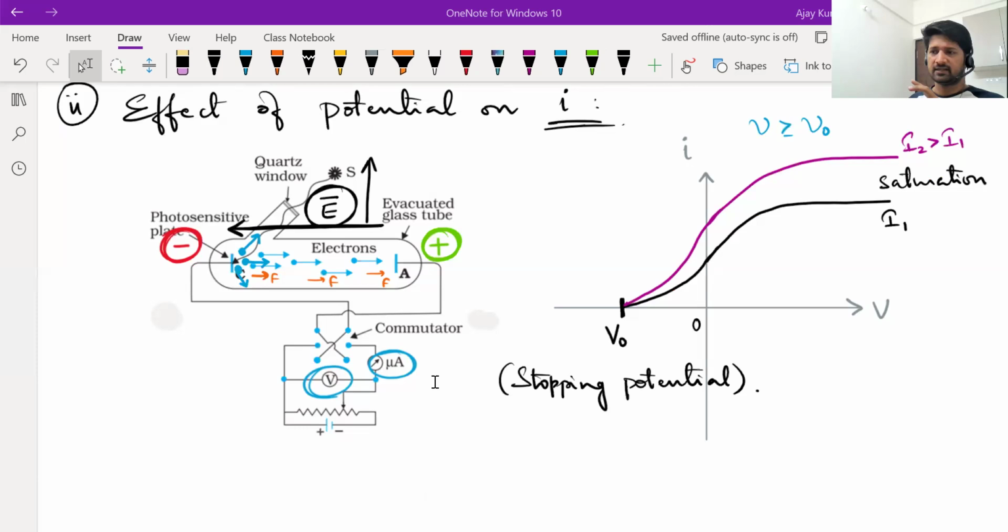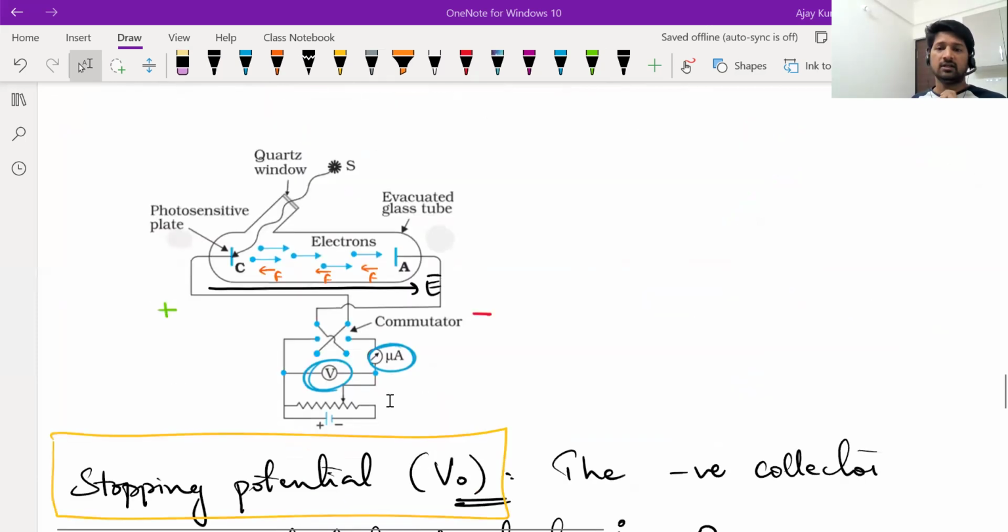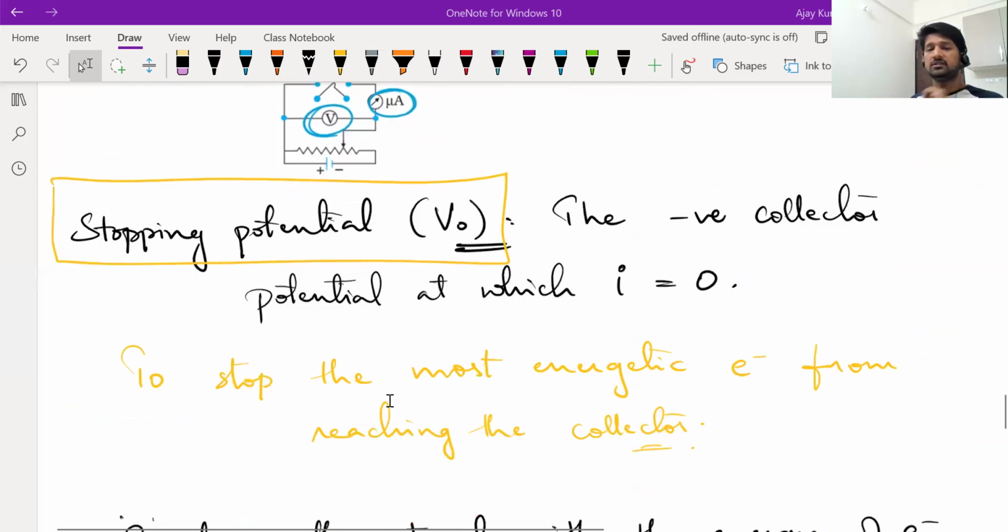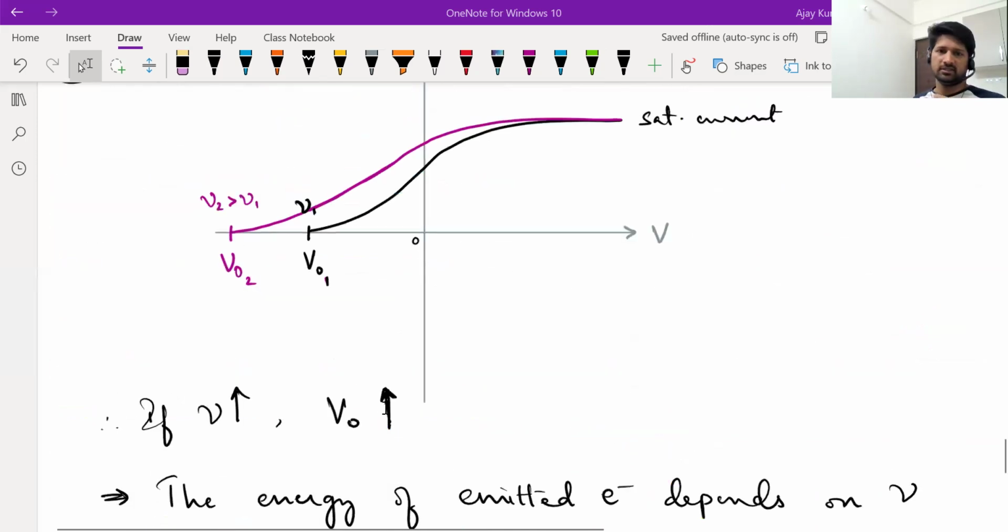As you increase the collector potential, current increases up to a certain maximum level called the saturation current. And when you reverse the potential, at a certain potential called the stopping potential, current becomes 0. And stopping potential was found to be independent of intensity. That is the main thing here. Means the energy of electrons does not depend on intensity. Number of electrons depends on intensity. Energy does not depend on intensity. Energy depends on frequency. That's the third observation.